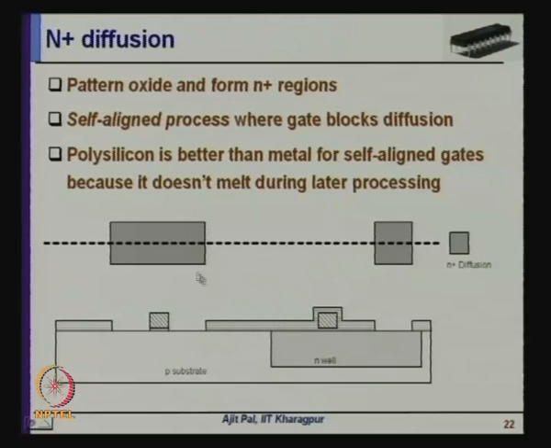Here you can see this portion will have no diffusion, and the polysilicon and thin silicon dioxide will protect the channel region, and only these two areas will have the source and drain regions, heavily doped regions, when you carry out the diffusion or ion implantation.